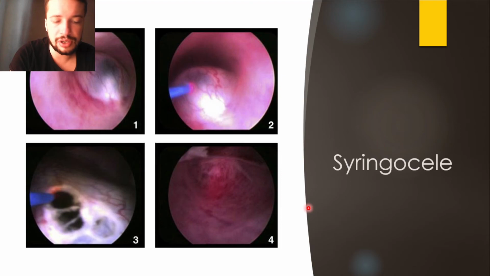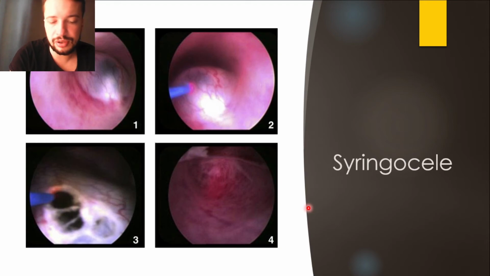Simple syringocele, in which there is reflux into a minimally dilated duct. Imperforate syringocele, in which the orifice draining the dilated duct is closed and there is cystic dilation of the distal duct at the level of the bulbar urethra.